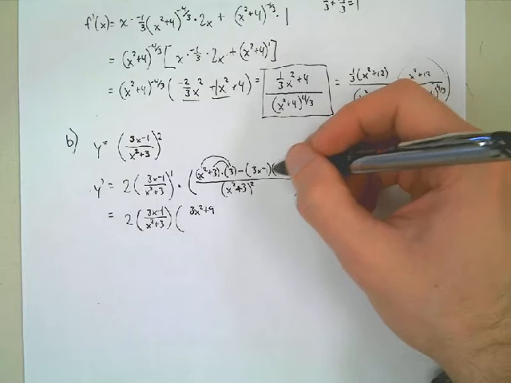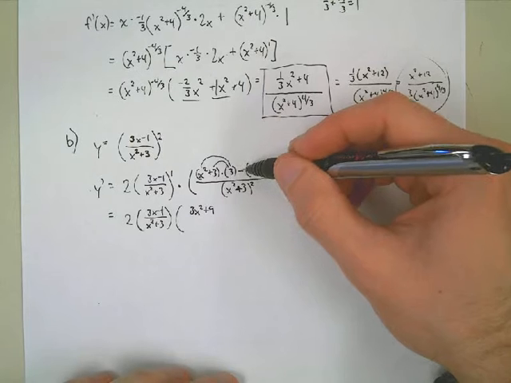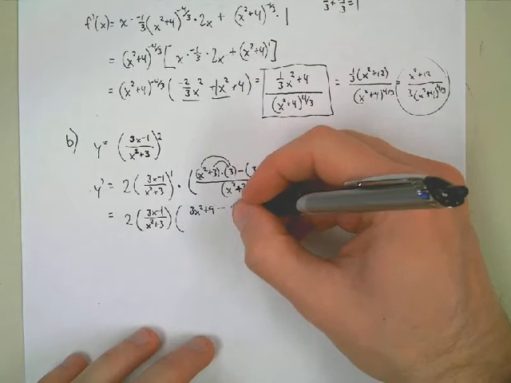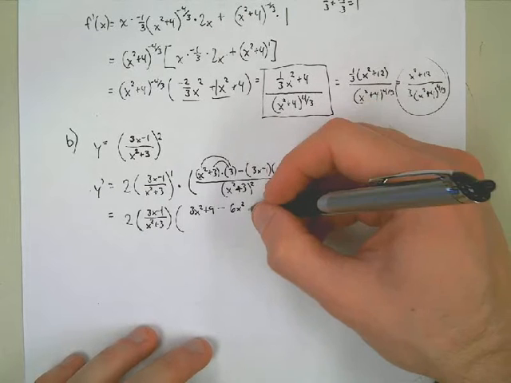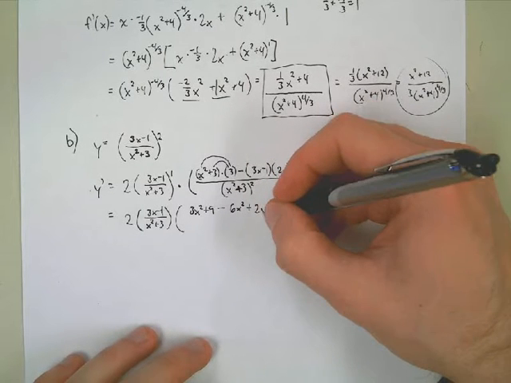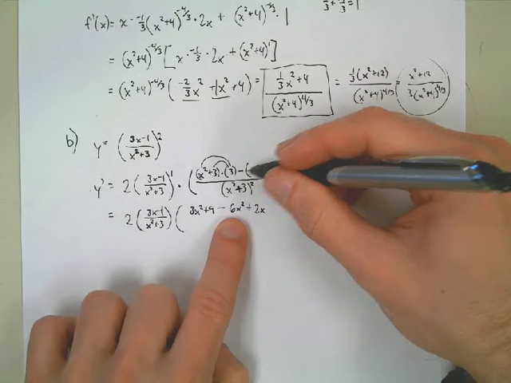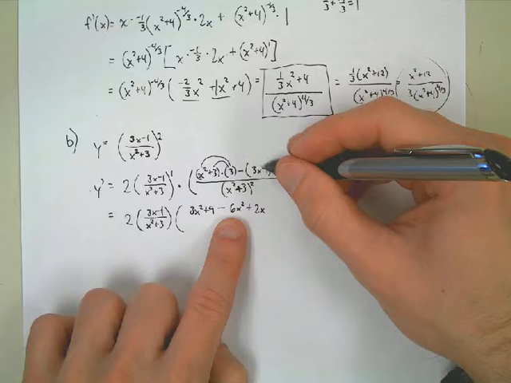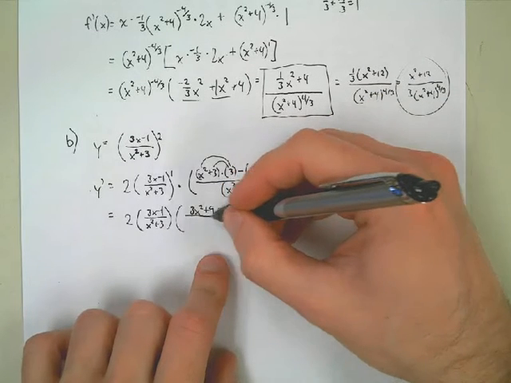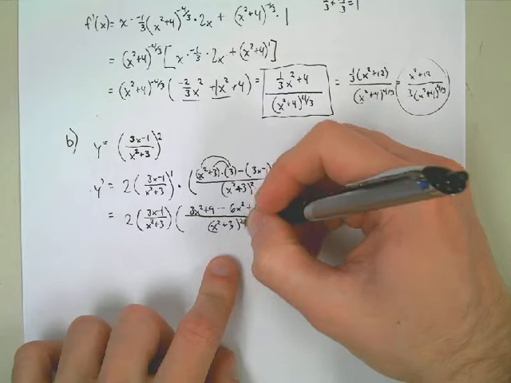We also have this minus sign here. So it becomes minus 6x squared, but plus 2x. The 2x times the 3x gives us 6x squared, but it's minus 6x squared. The 2x times the minus 1 gives us a negative 2x, but then it's minus negative 2x, so it's really plus 2x. All over x squared plus 3 quantity squared.